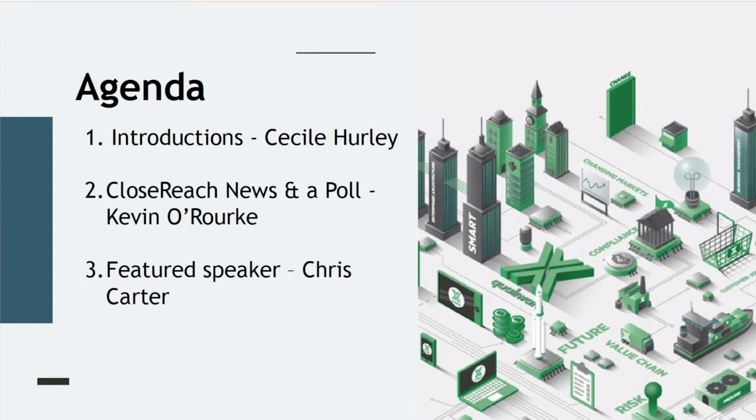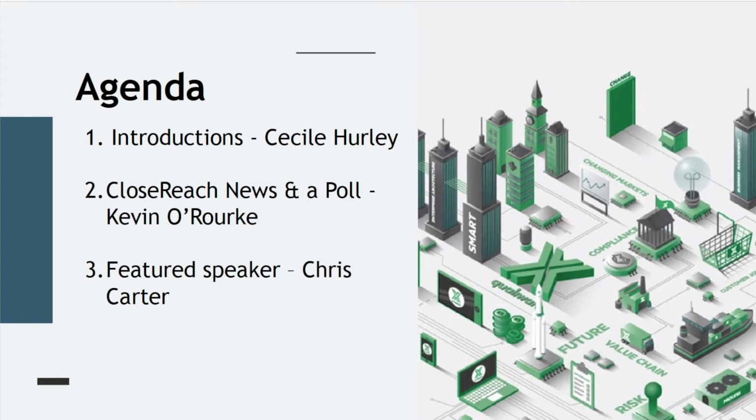Okay, now we're at the exciting time where I'm going to try to do a poll. I have never done a poll in GoToTraining before, so this may or may not work. I'm giving you a little bit of advance warning to see if this actually will work.